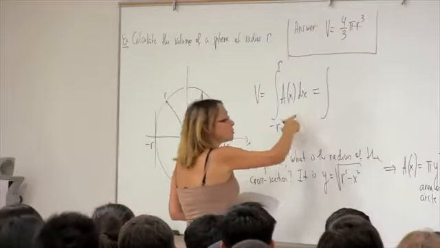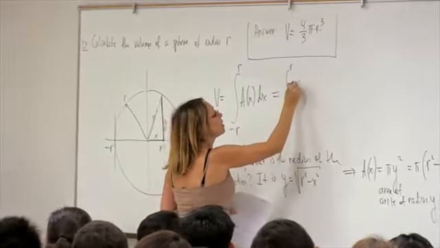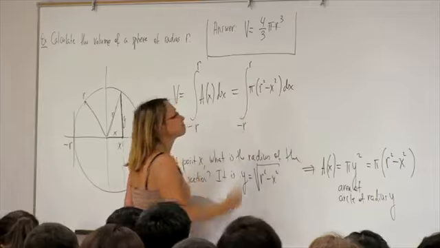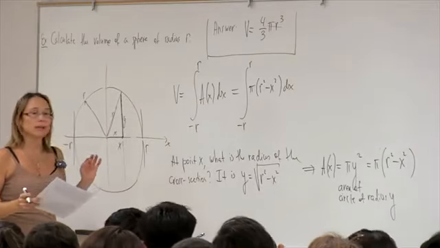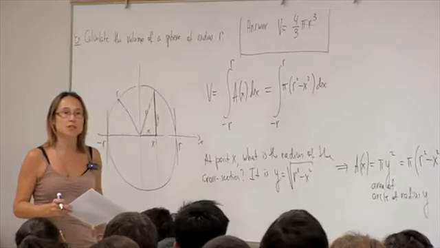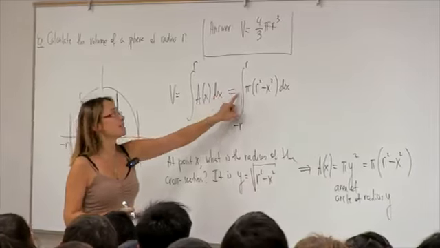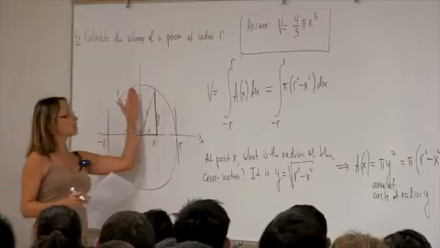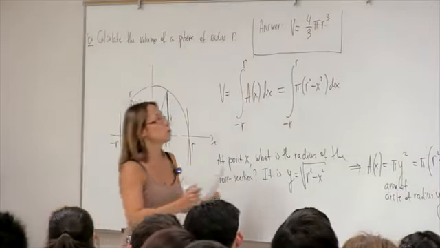So I can substitute this area into my integral. So I have the integral of pi times (r squared minus x squared) dx. Before I go on, I want to apply a theorem that we proved last time. Remember symmetric functions? It's the same from 0 to r. I can go from left to right, or I can start from here, do it once, and multiply by a factor of 2.